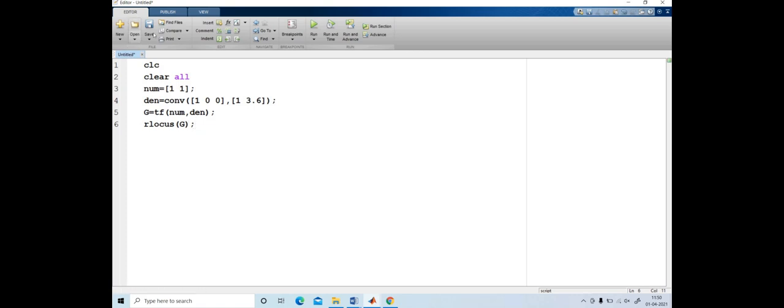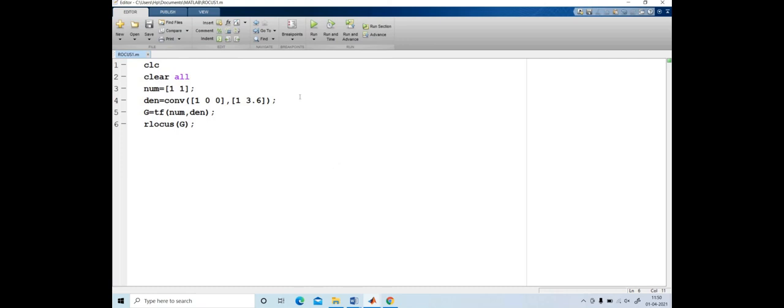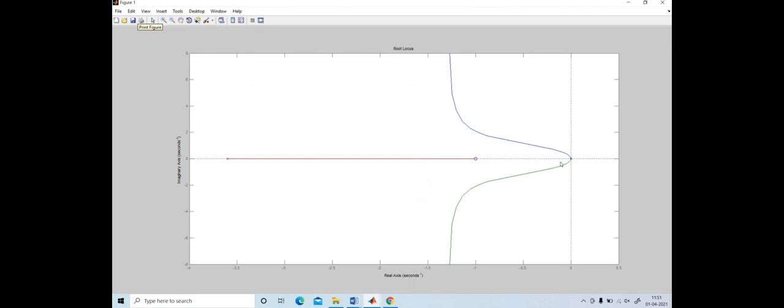Then save the program, that is save as, rlocus 1, then save. Afterwards run. So see here, this is the plot.